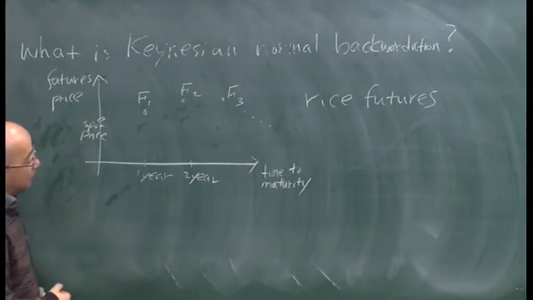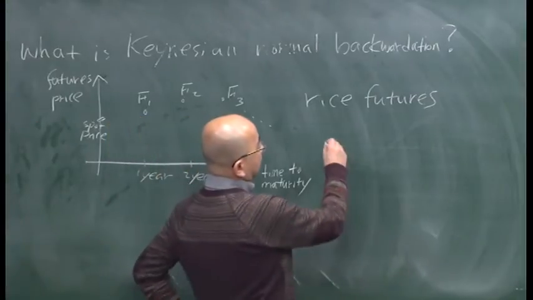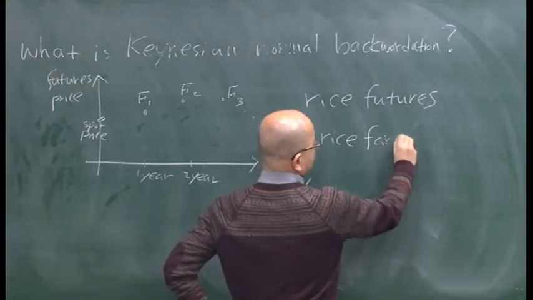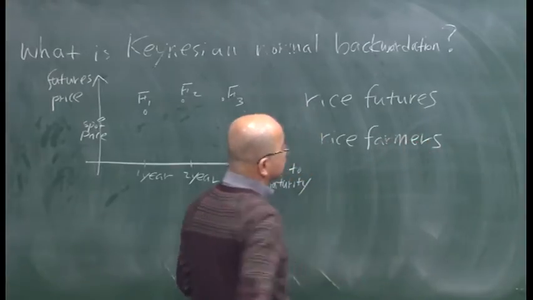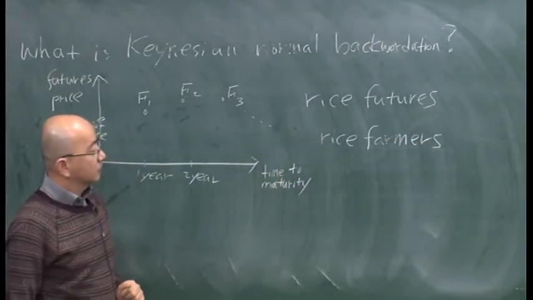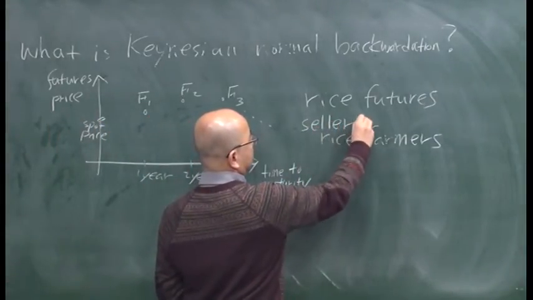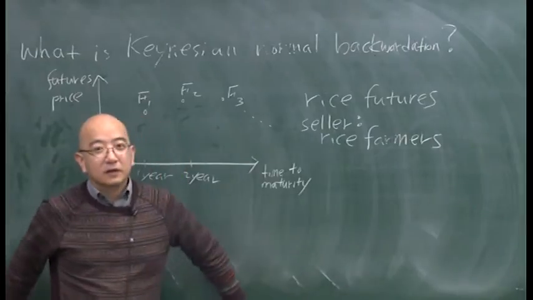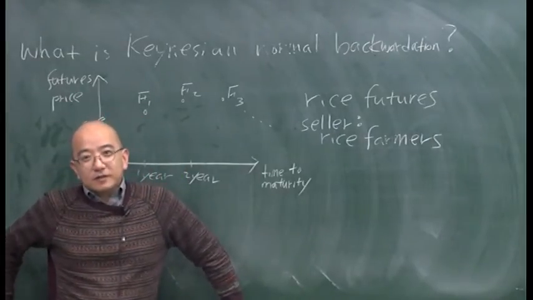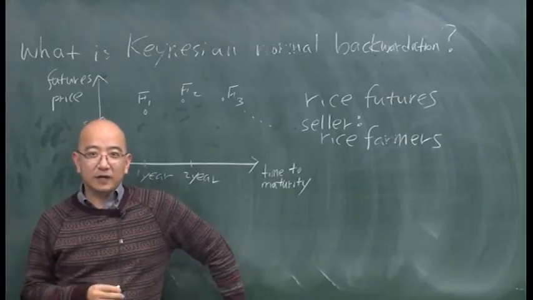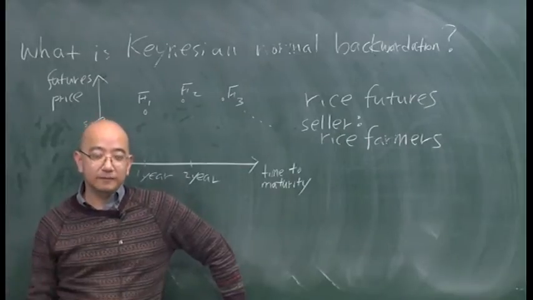You can imagine perhaps the typical buyers in this market are rice farmers, sorry, sellers, not buyers. So if you think about rice farmers, they grow rice and they expect to harvest rice sometime in the fall.